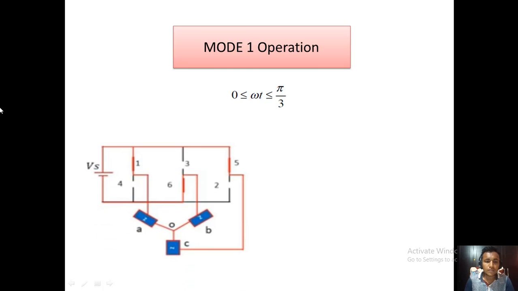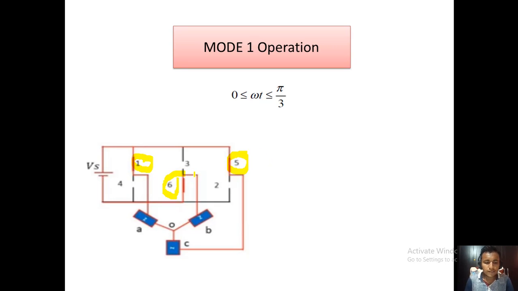So we have to close this circuit. Here 1, 5 and 6. We know that in this mode, thyristor 1, thyristor 5 and thyristor 6 are on.